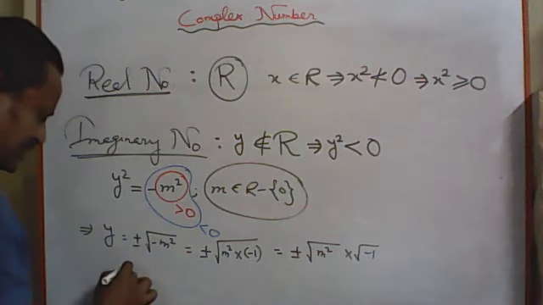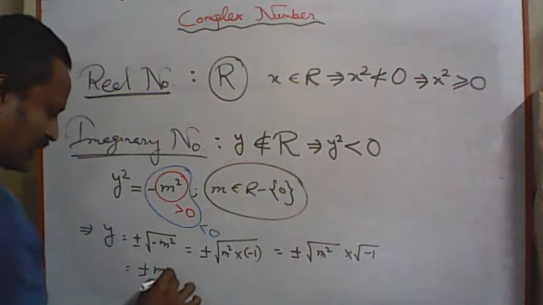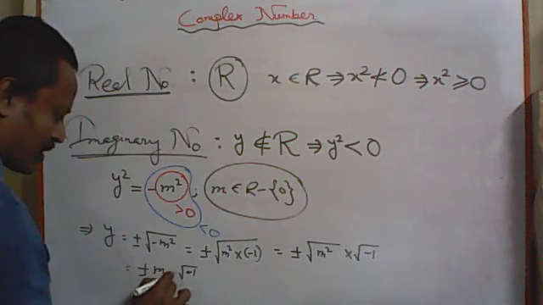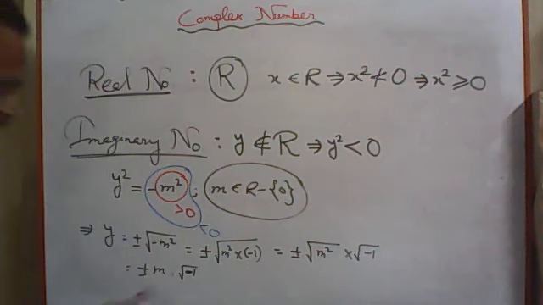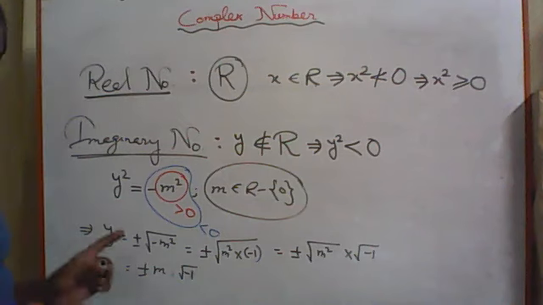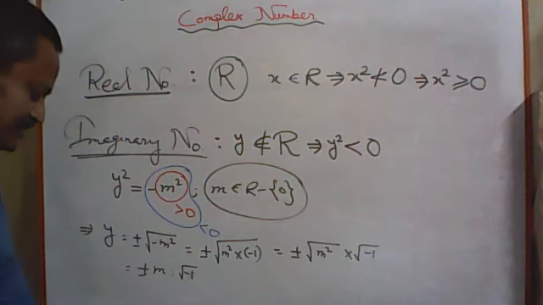So this equals plus minus m into root under minus 1. This is the actual presentation of an imaginary number.